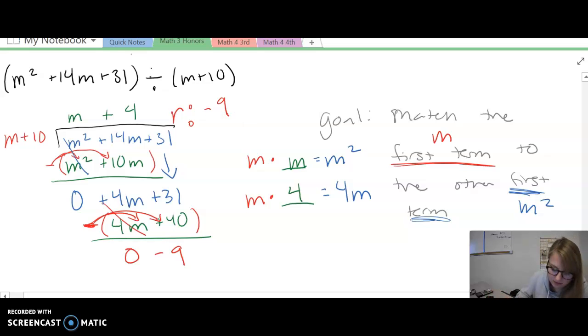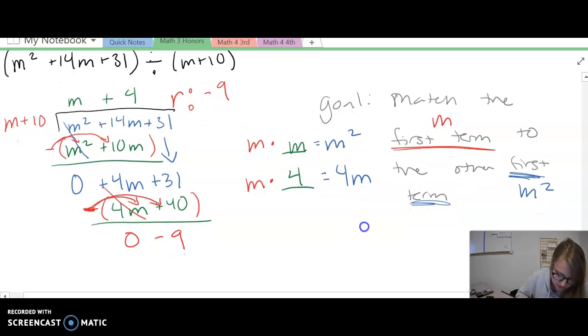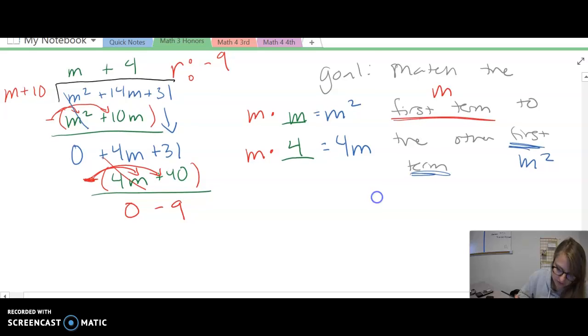But we're not done just yet. So our last part is going to be rewriting the polynomial. So from here, we're going to have our m plus 4, just like we have, but we need to rewrite our remainder. So we know it's minus 9, but it's going to be divided by something.